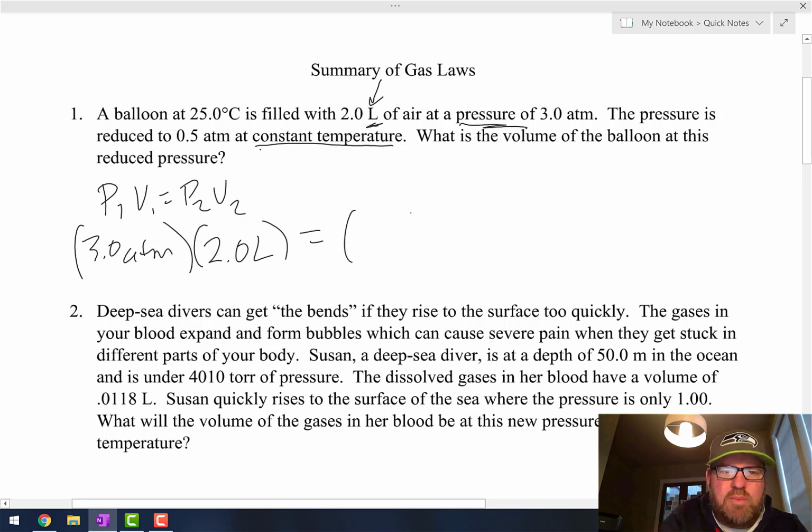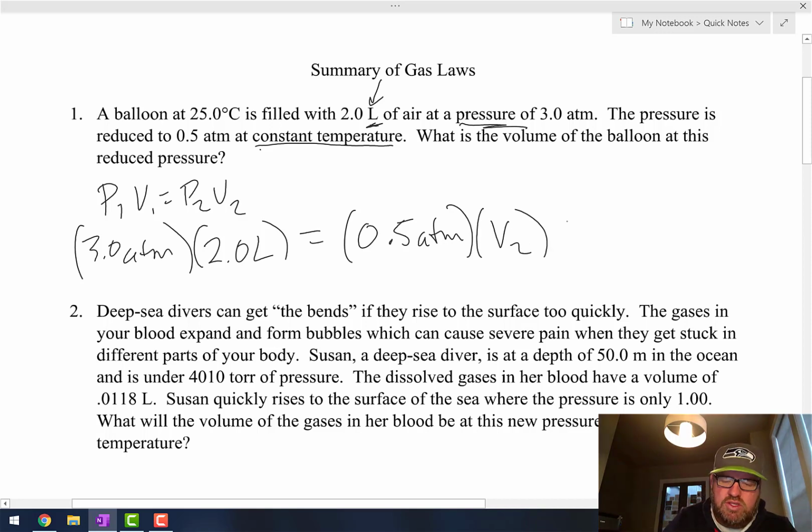The pressure's dropped to 0.5 atmospheres, and they want to know what the final volume is going to be. So I simply take 3 times 2, which is 6. 6 divided by 1/2 is 12. So the final volume would be 12 liters.